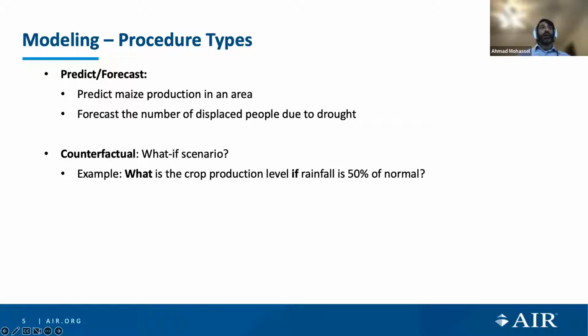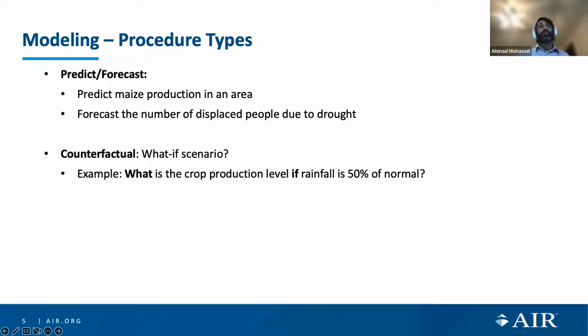For example, a model might predict maize production in an area, meaning we have some variables, we put them together, build a model, and based on that we say this location has a level of production of X amount.